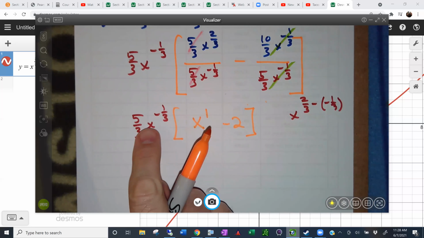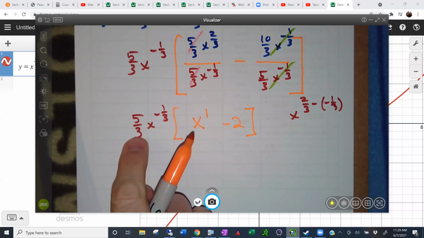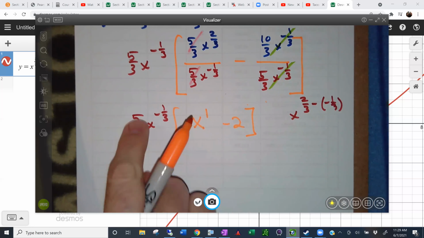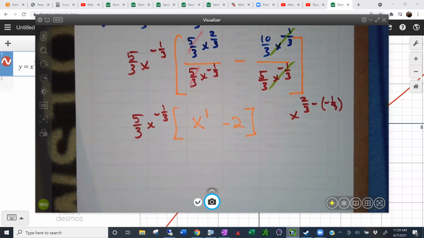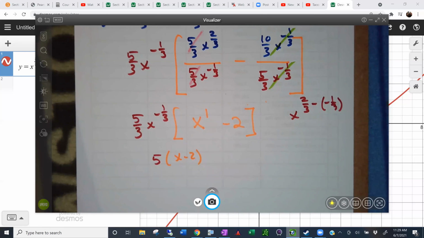Last but not least, I've got a negative exponent here. I'm going to put that in the denominator along with the 3. The 5 I'll leave up in the numerator. So overall, it's going to look like 5 times x minus 2 over 3x to the 1/3 power.